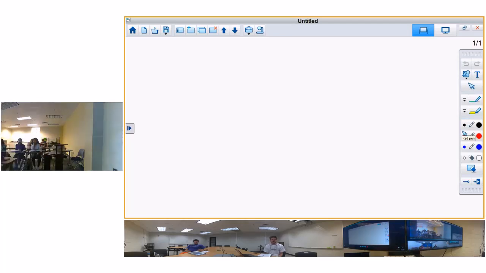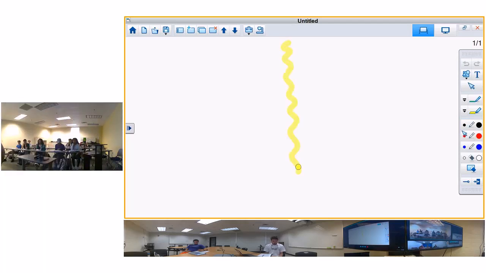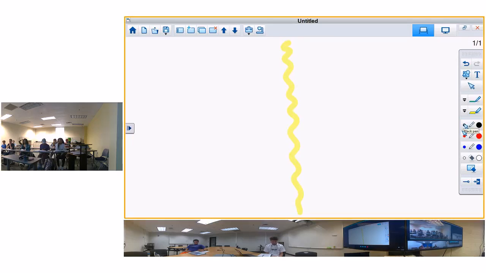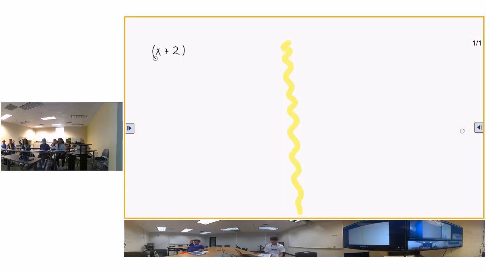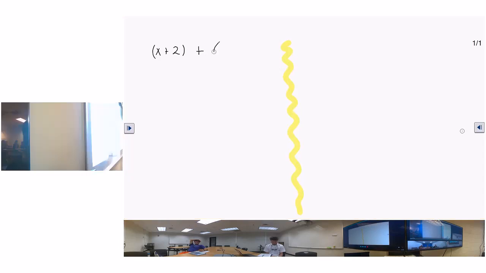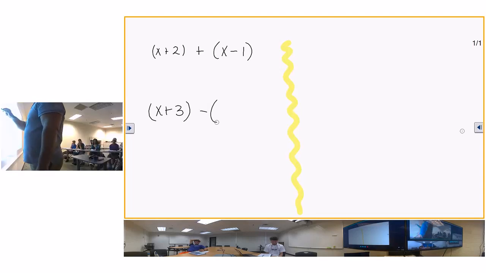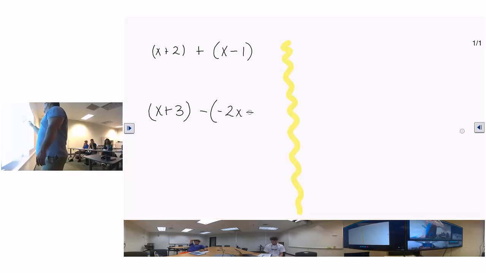Now, I want you to remember back in pre-algebra, I told you, or your teacher told you, that you had x plus 2, and you wanted to add x minus 1. And then you were told to take x plus 3 minus, let's make this minus a negative 2x minus 6.